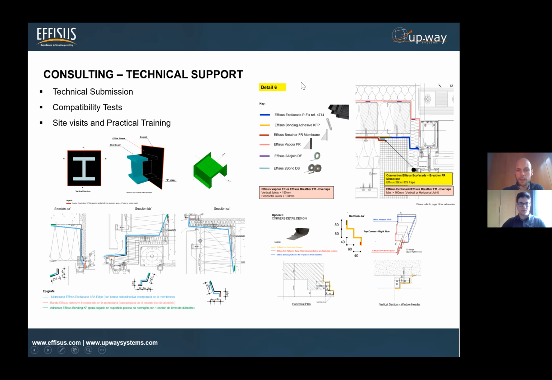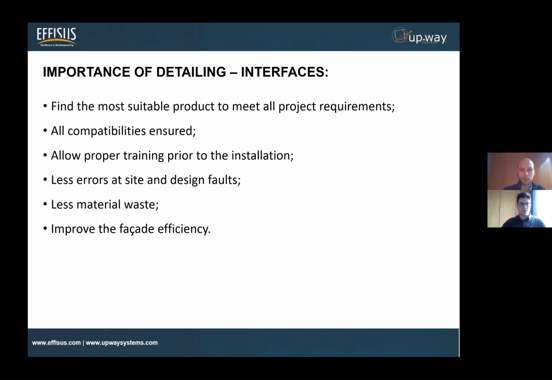You can see here some of the details that we will be developing for different projects. Each project has different requirements. Each interface has different dimensions, different things to be considered. So we really like to analyze and discuss every project as a single one. And that's what we've been doing in our consulting department, okay? So please feel free to get to us in order to get this kind of information.